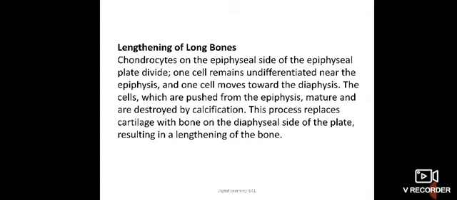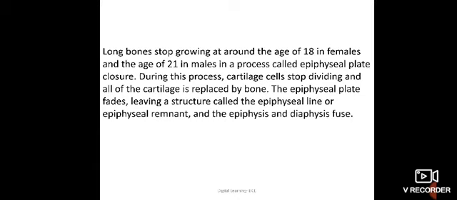One cell remains undifferentiated near the epiphysis and one cell moves towards the diaphysis. The cells which are pushed from the epiphysis mature and are destroyed by calcification. This process replaces cartilage with bone on the diaphyseal side of the plate, resulting in the lengthening of the bone.